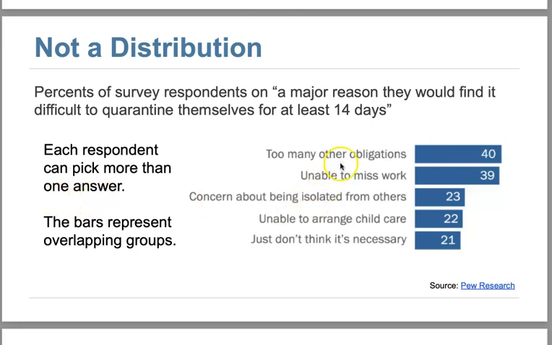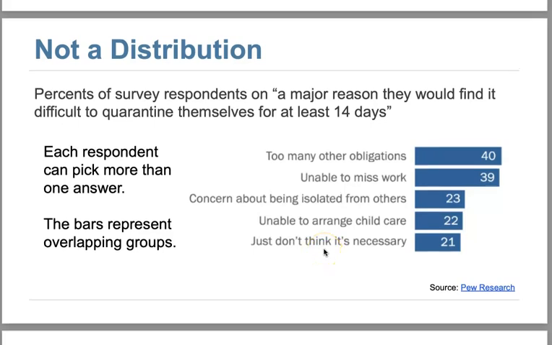So even though there are exact categories to choose from, since they can choose more than one, the percentages add up to more than 100 percent. Even if you do a bar chart for each category, the total is more than 100 percent. So we don't really say this is a distribution, because some people may choose only one answer and some people choose more than one.